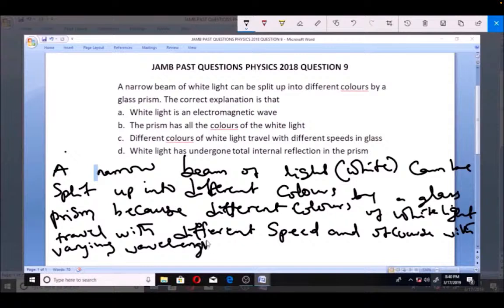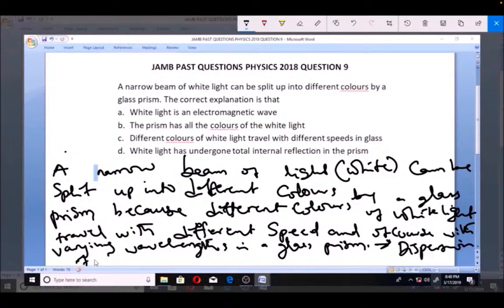You will not notice this until you pass it through a glass prism. So you'll be able to see the different colors in the white light. This effect is known as dispersion of white light.